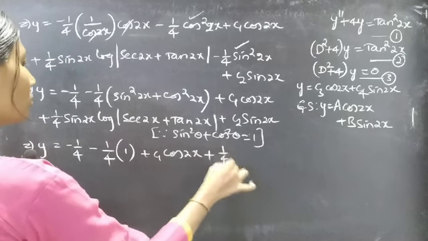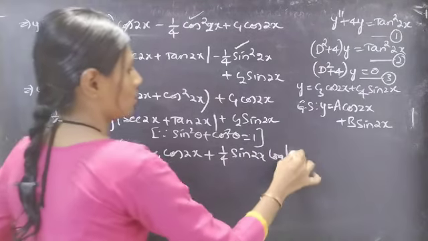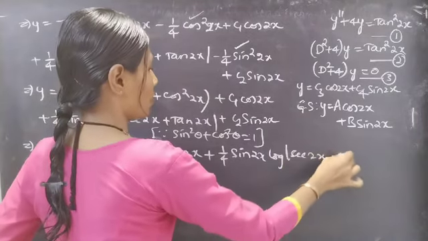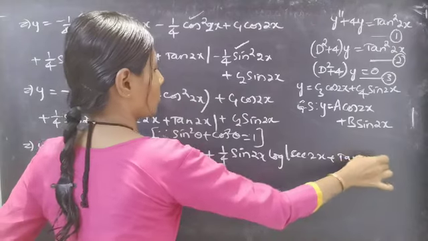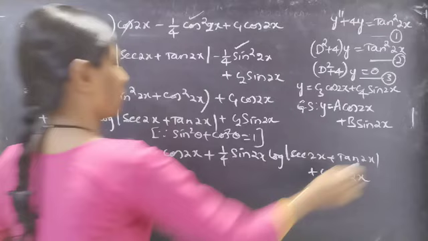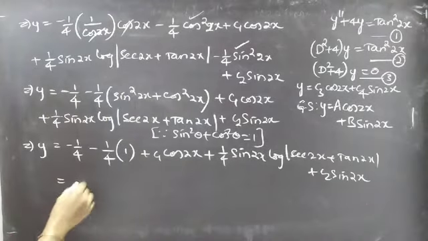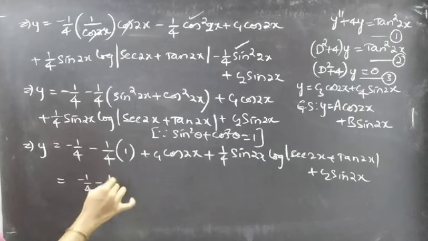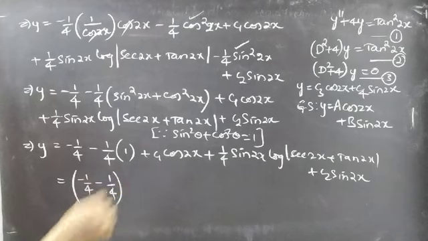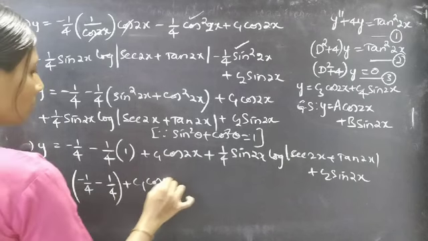Plus c1 cos 2x, plus 1 by 4 sin 2x log mod secant 2x plus tan 2x, plus c2 sin 2x. This becomes minus 1 by 4 into minus 1 by 4, okay, and the remaining will be as it is.